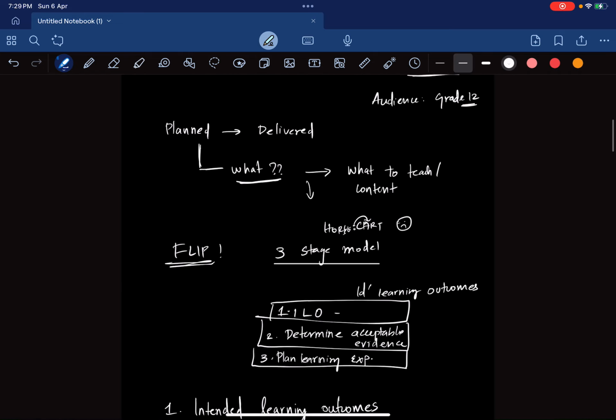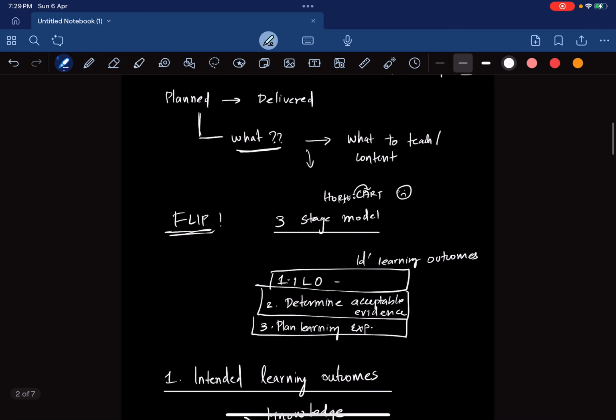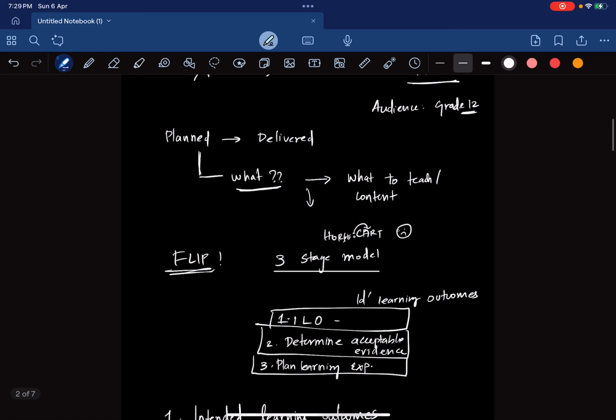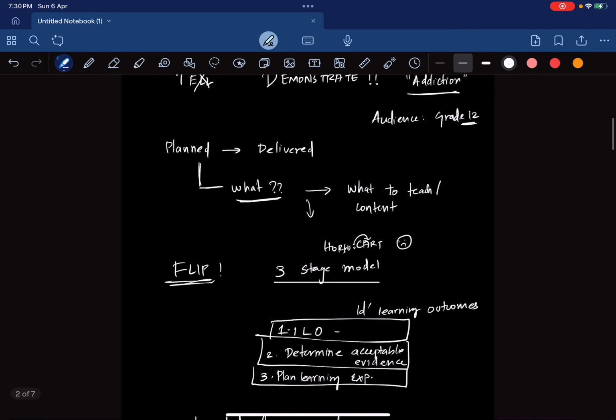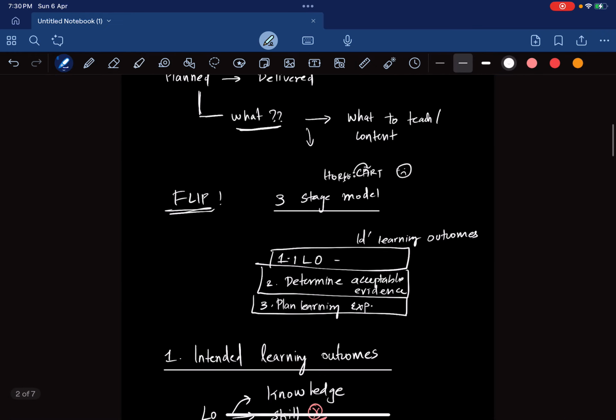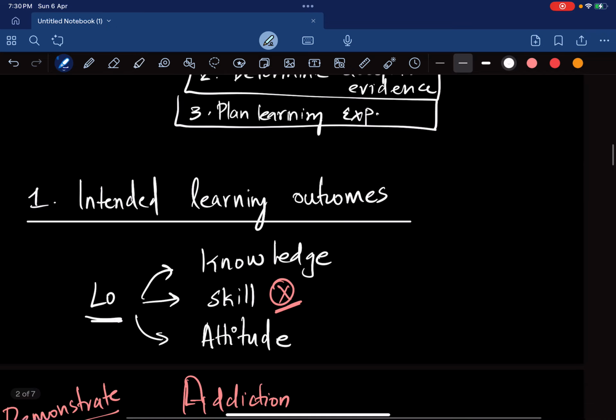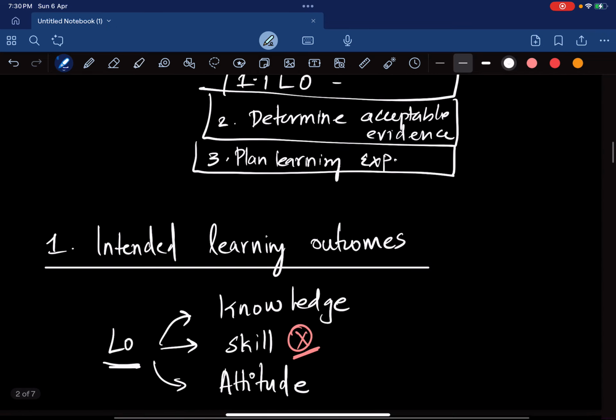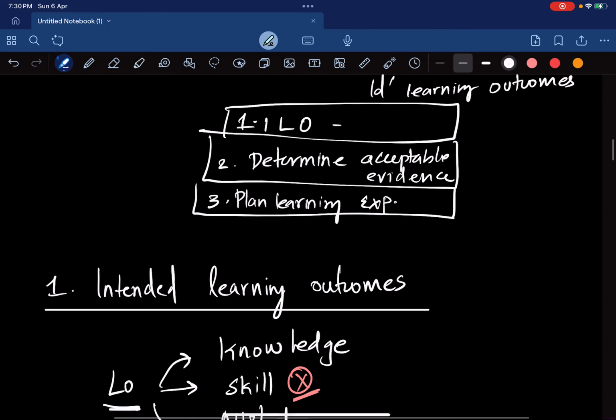So what I've done in this class is I've basically demonstrated how to design and implement a lesson using backward design, where we start with the intended learning outcomes, and then we determine the acceptable evidence, and then finally we plan the learning experience.